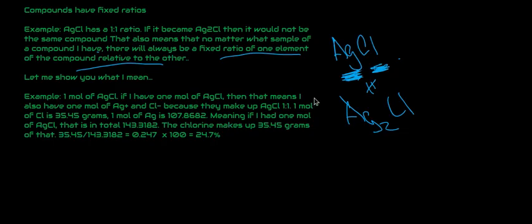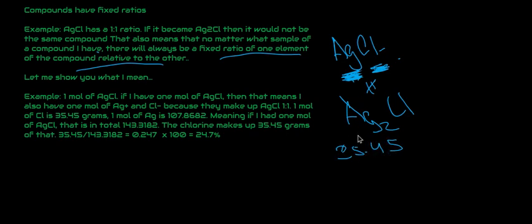We can also do this with grams, not just moles. Like I said before, if you have 1 mole of silver, you will also have 1 mole of chlorine. We know that 1 mole of chlorine is 35.45 grams. Okay?